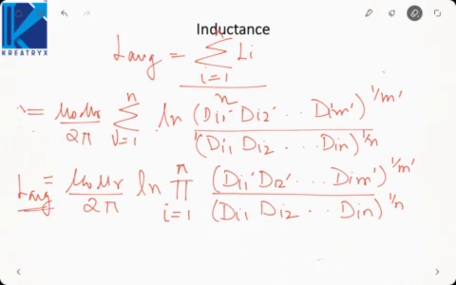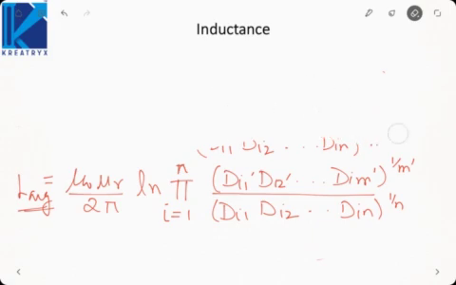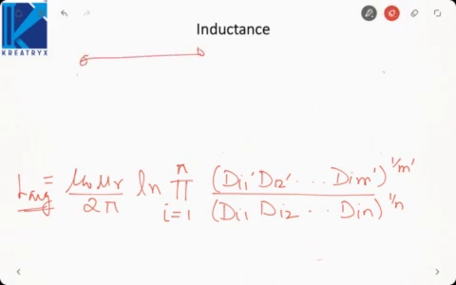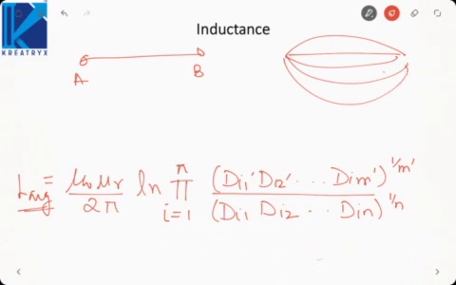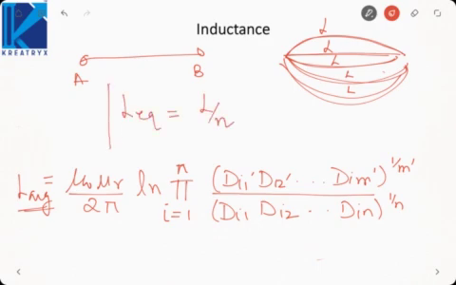Now what happens is, actually in case of bundle conductor, we have replaced a single conductor by a group of conductors. Suppose earlier there was one conductor between point A and point B. Now I have replaced it by multiple conductors like this. But effectively all these conductors are connected in parallel. So if we want equivalent inductance, then suppose each inductance is L, then equivalent will be, when n inductors are connected in parallel, L by n.